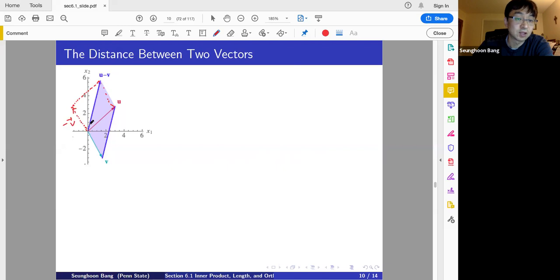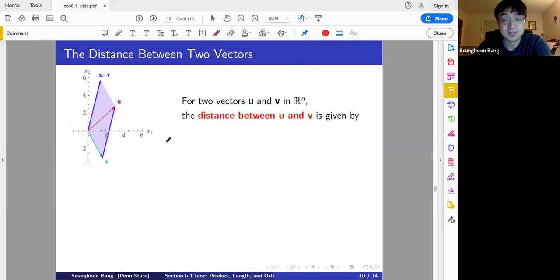This one is u minus v, exactly the same as here, u minus v. So the length is the norm of u minus v, this length. This is the distance between two vectors.